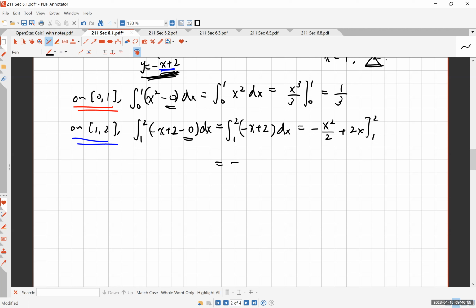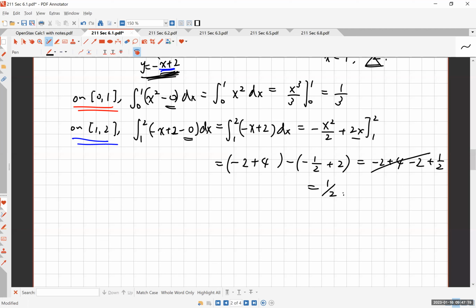And this is when you plug in 2, you have 2 squared over 2 with a negative sign. And then 2 times 2 is that. And then if you plug in 1, you get that. All right, so this is negative 2 plus 4, and then minus negative 1/2 plus 2. And of course, these will cancel.